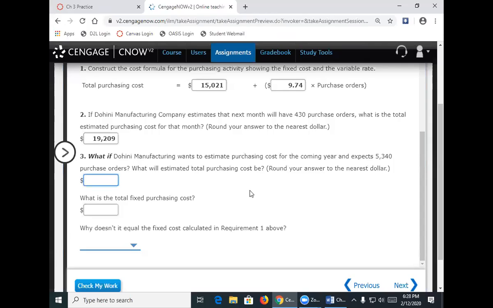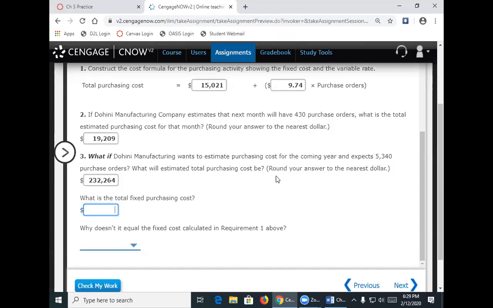So what is my total cost for the year? $232,264. Perfect. 232,264. Well, how much of that is fixed cost? 180,252. Very good.